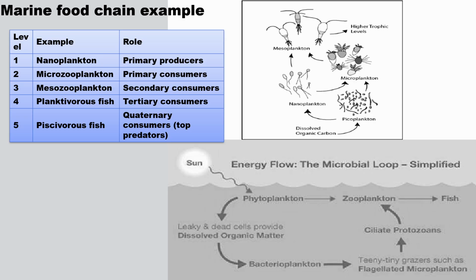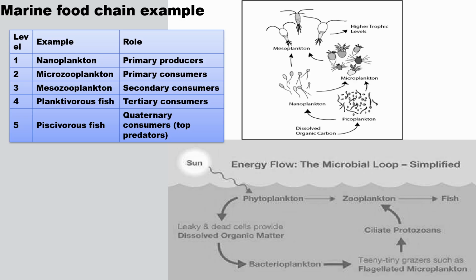Then energy moves up the chain: nanoplankton are primary producers, then microzooplankton are primary consumers, and after microzooplankton we have mesozooplankton, which are secondary consumers. Then we have planktivorous fishes, which are tertiary consumers. And after planktivorous fishes, we have piscivorous fishes, which are top predators.